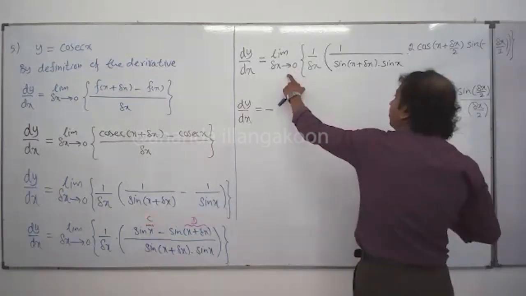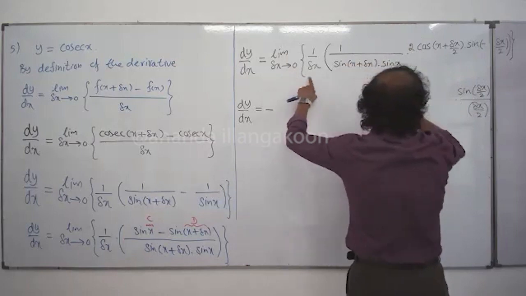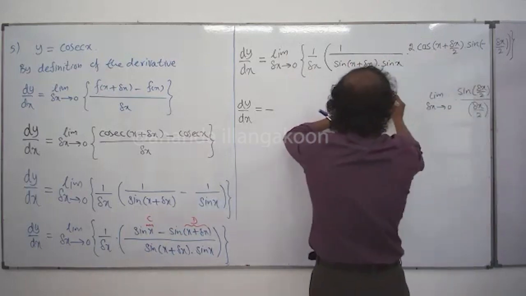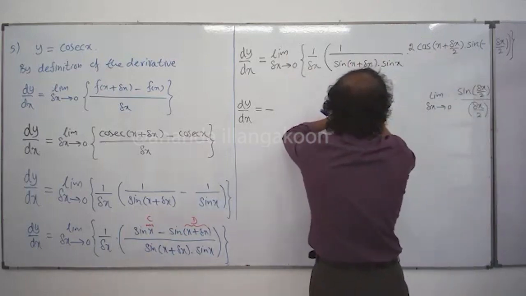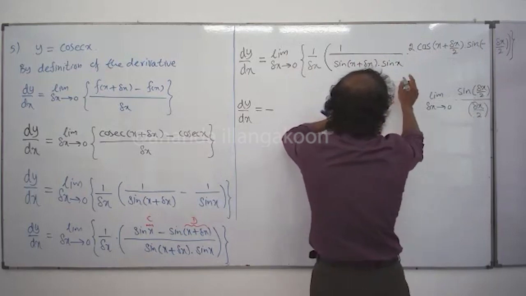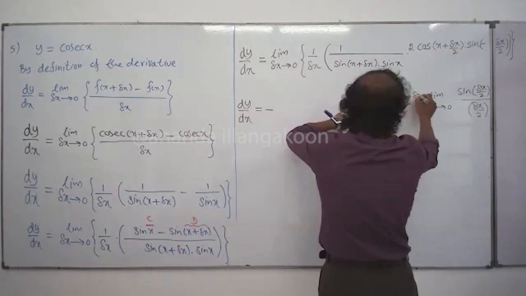Now what I do, people, this limit we apply for this separately, and this separately. We'll write that limit delta x going to 0. We apply that for this: limit delta x going to 0 for this cos x plus delta x by 2.